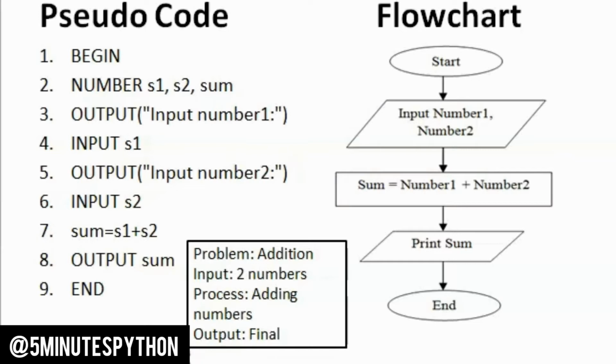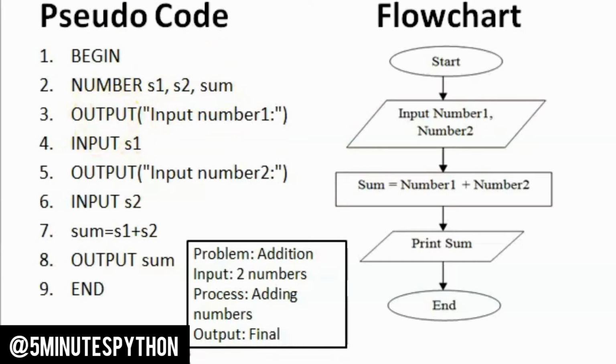For solving this problem, there are two ways of representing an algorithm. First is pseudocode. Pseudocode is nothing but general English with a few programming keywords. First, we are beginning our program and we are gonna get input from the user. The type of the input is number, and these three are user-defined variables that we can define with any names.